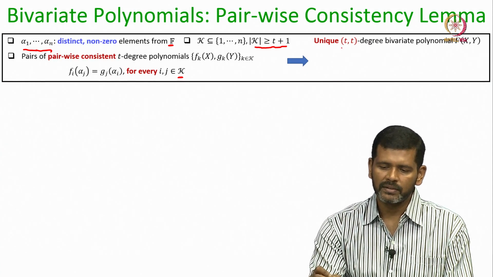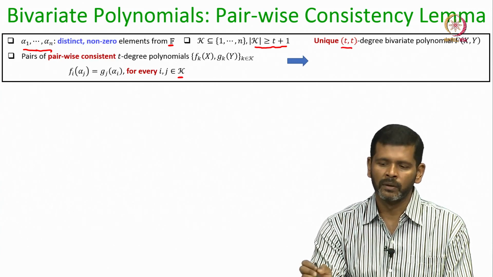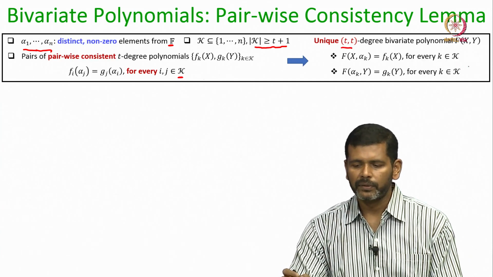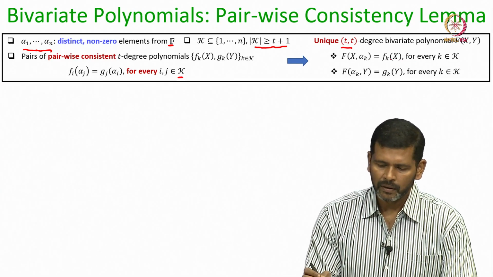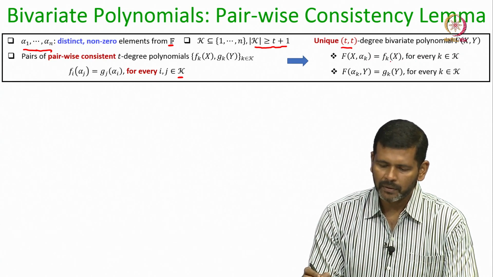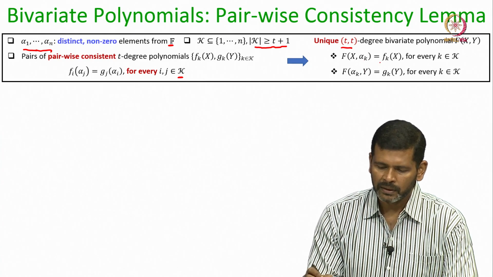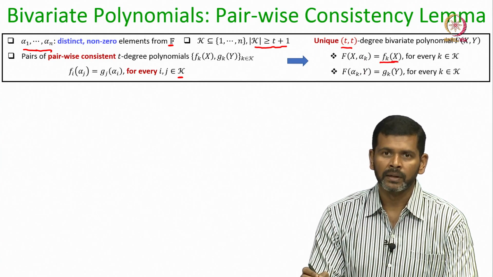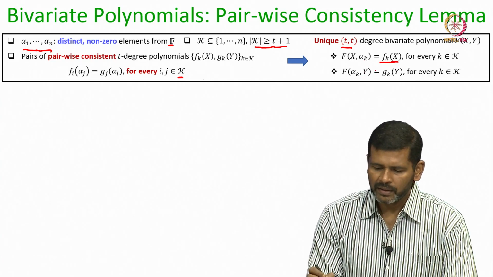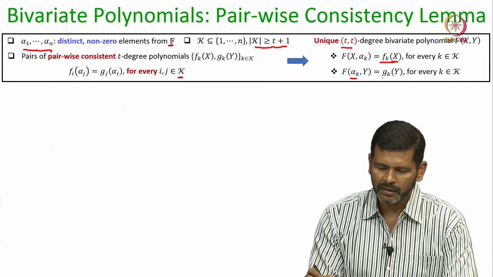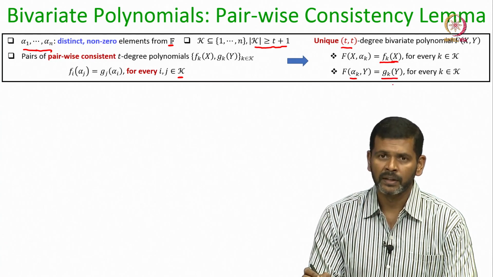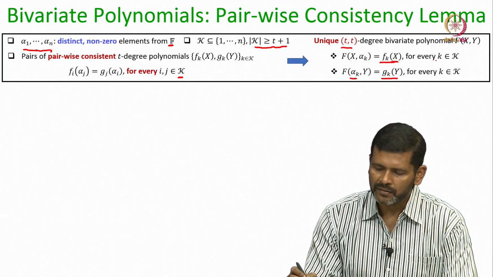The claim is that there exists a unique t degree bivariate polynomial over the field, which would have resulted in the following: when that bivariate polynomial is evaluated at y equal to alpha k, it gives you the k-th x univariate polynomial, and the same bivariate polynomial when evaluated at x equal to alpha k results in the k-th y univariate polynomial, for every index small k in this fancy k.